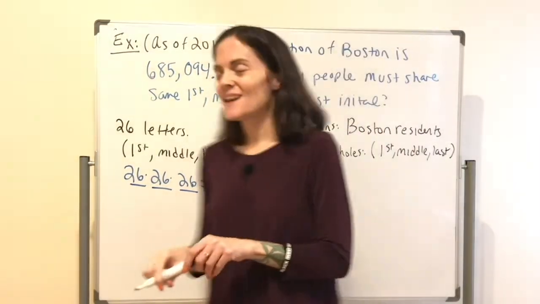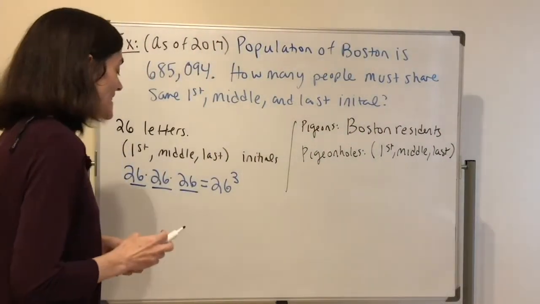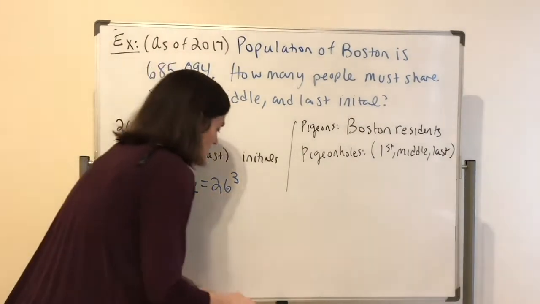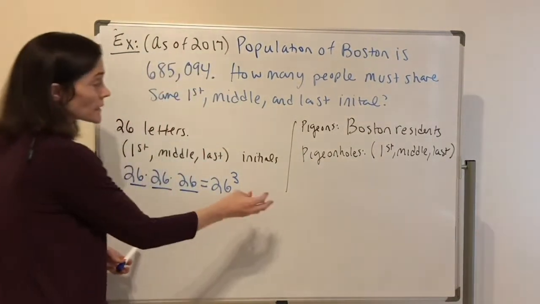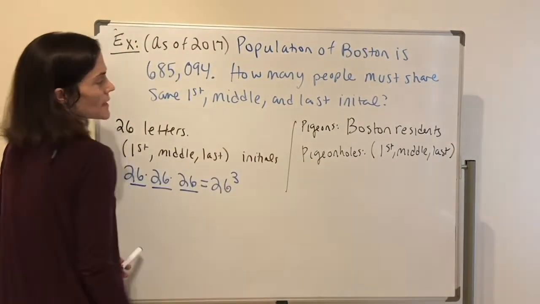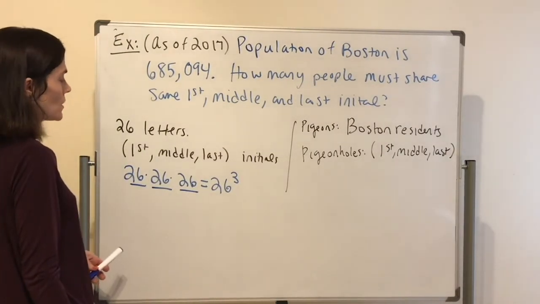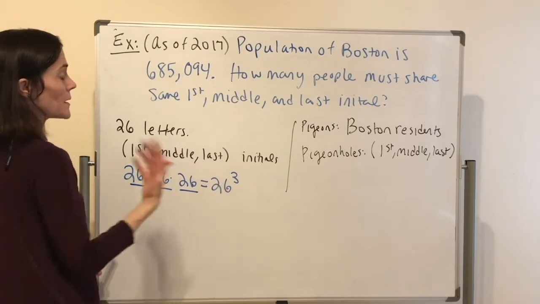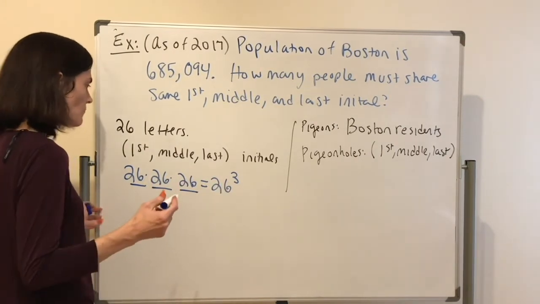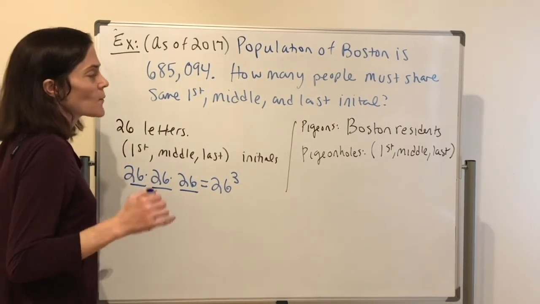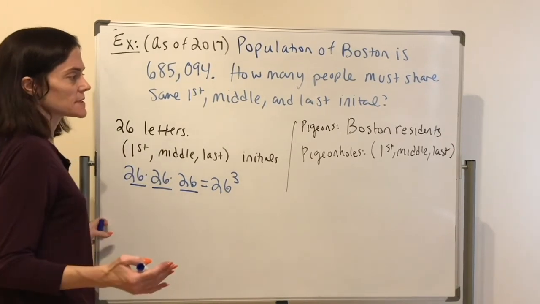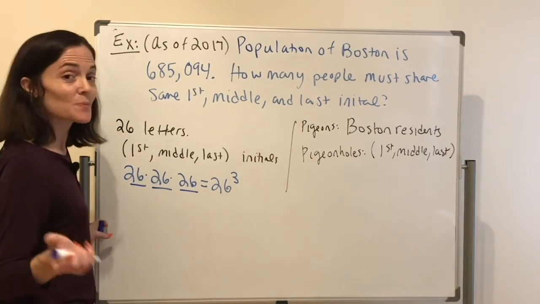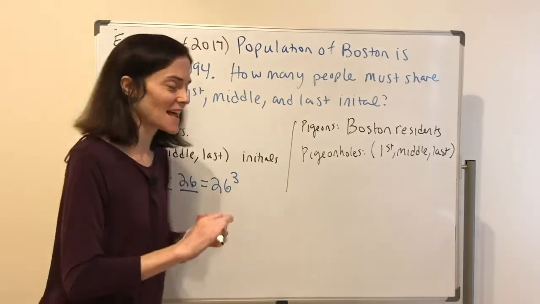And now we just calculate, right? So clearly the number of pigeons is bigger than the number of pigeonholes. Well, maybe it's not clear because this is something cubed, but it is. But we don't want to just say, well, at least 2 residents have the same first, middle, last initials. We can use this more generalized version.